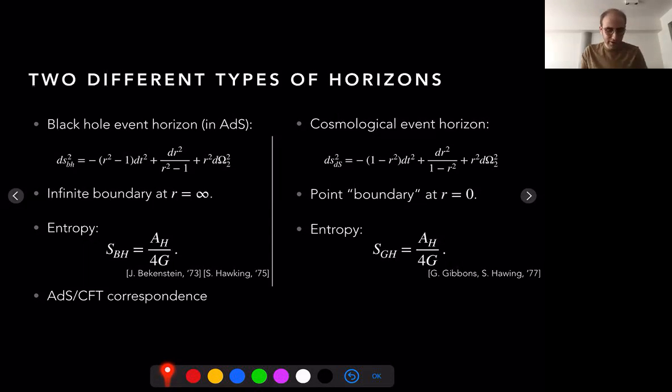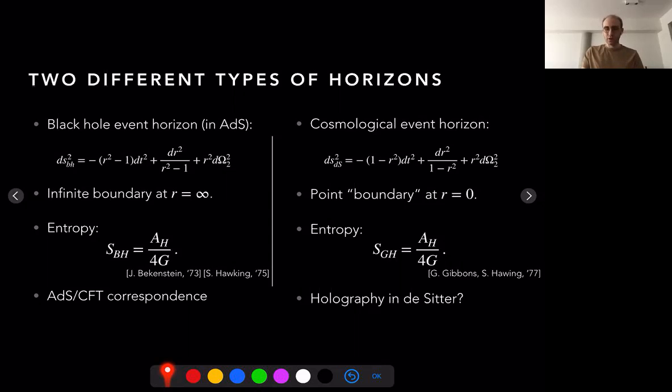We know that trying to understand what this formula is counting in the case of black holes eventually gave birth to the AdS/CFT correspondence, but we are still not there with the cosmological horizon. We might hope that if we have a holographic description of de Sitter, we might be able to understand what this Gibbons-Hawking entropy is counting.